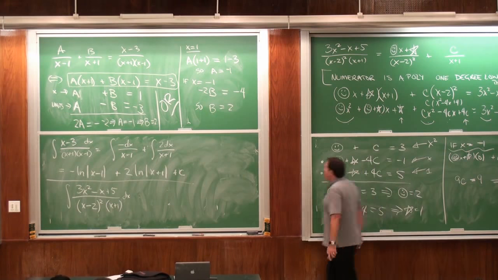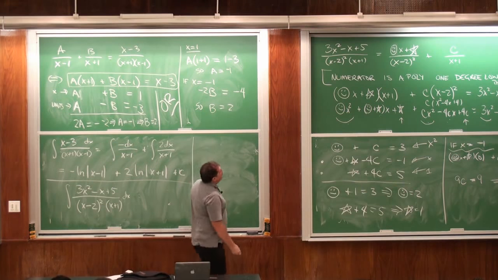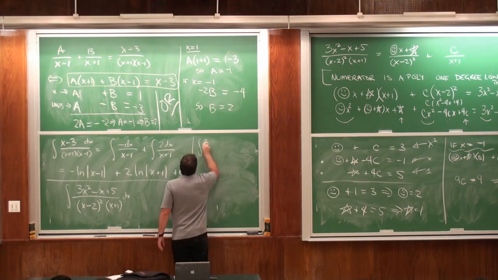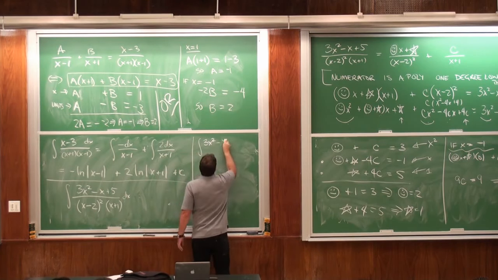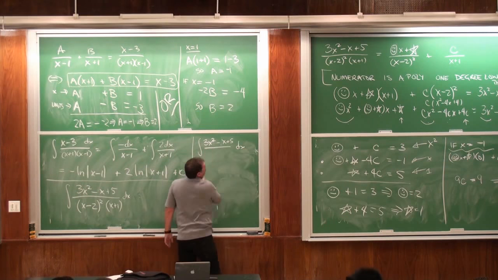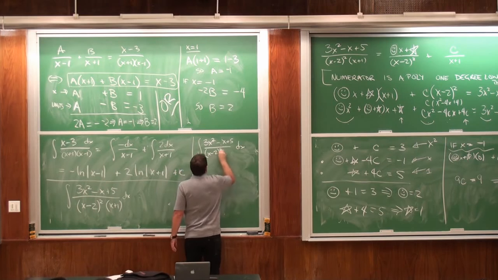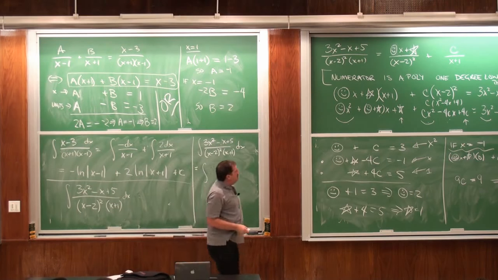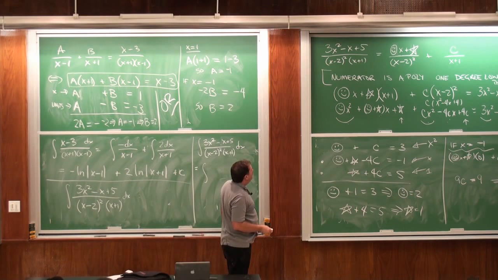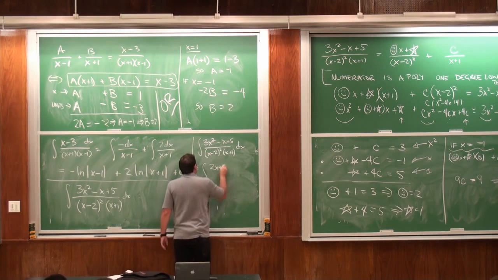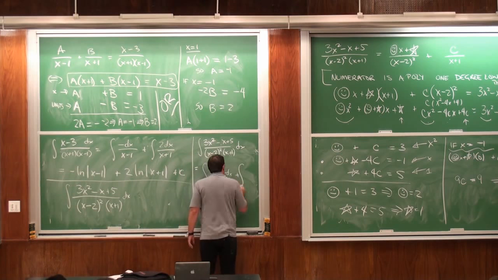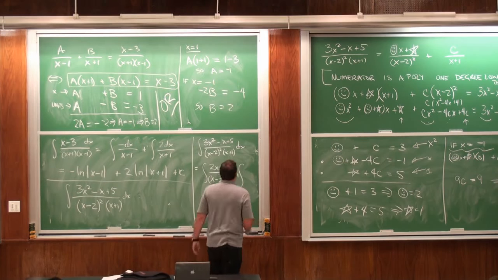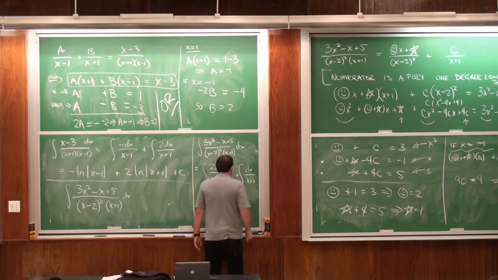So the integral of (3x squared minus x plus 5) dx over (x minus 2) squared times (x plus 1) is the same thing as the integral of, I've lost who's what, smiley is 2x plus 1 over (x minus 2) squared dx, and c is 1, dx over x plus 1.